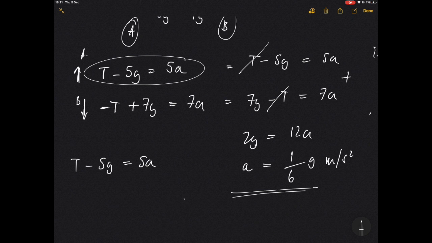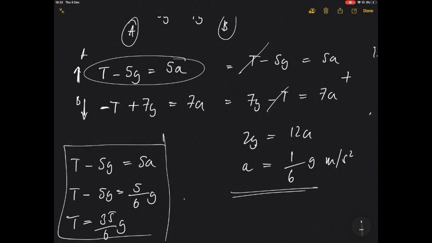We've just worked out what a is. So T minus 5g equals 5 over 6 g. If we were to neaten that up, we stick it into the calculator, we would find that T would equal 35 over 6 g. So we've just used the simultaneous equations to work out T for our second point.